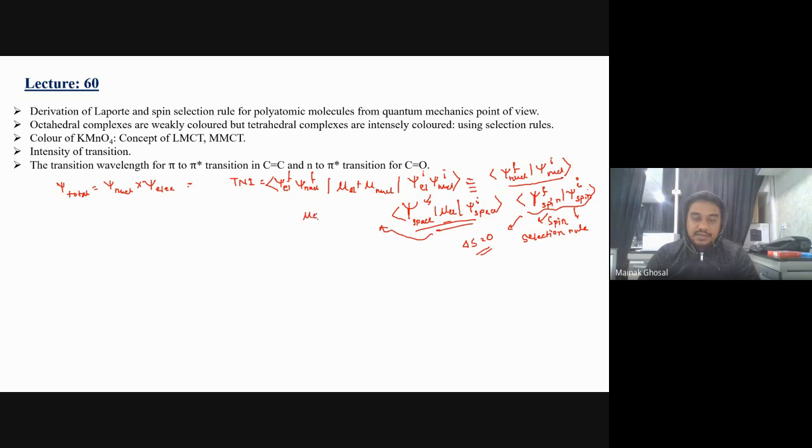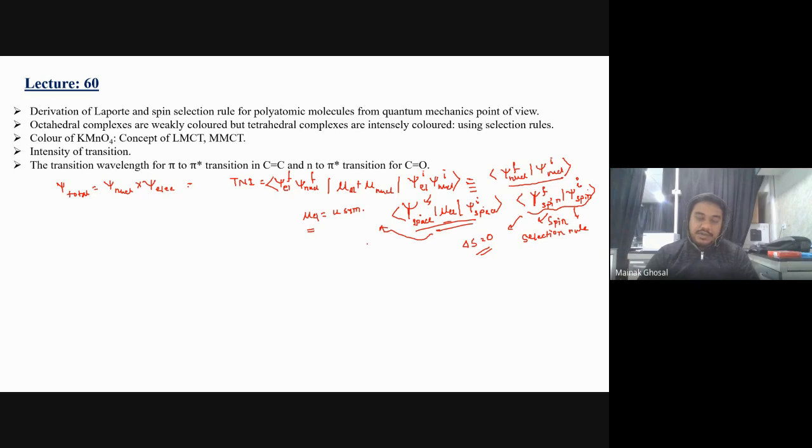And from that you will see that mu electronic, the electronic dipole moment, has u symmetry. So the multiplication of these two also needs to have u symmetry to make the total part g symmetry, because, as I have discussed, for the integral to be non-zero, the whole thing must be totally symmetric.